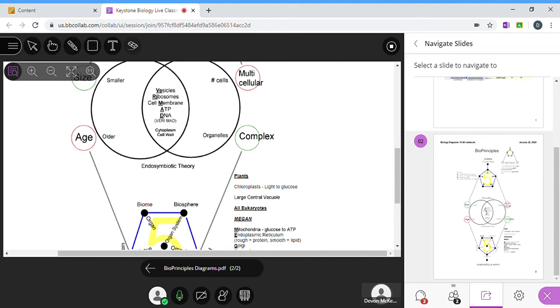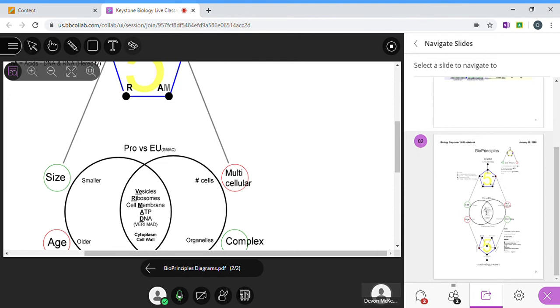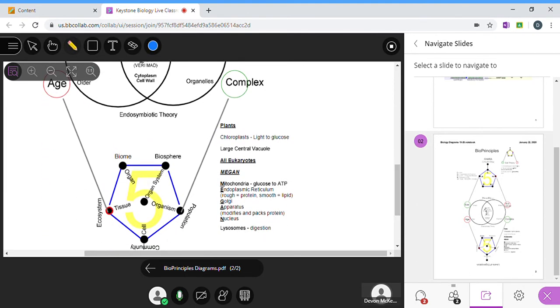Everything on this list, underneath the word complex, these are organelles, and they are only found in eukaryotic cells.